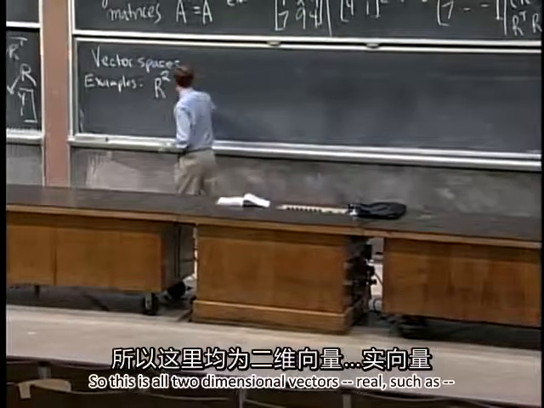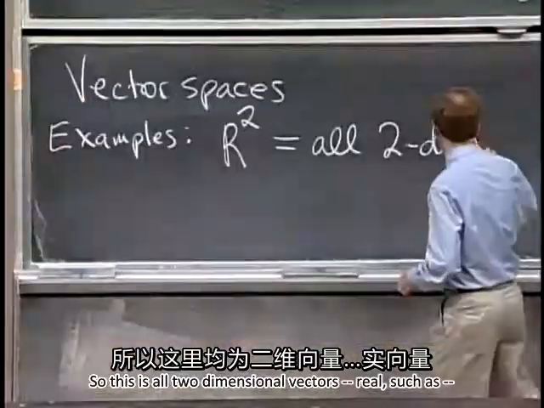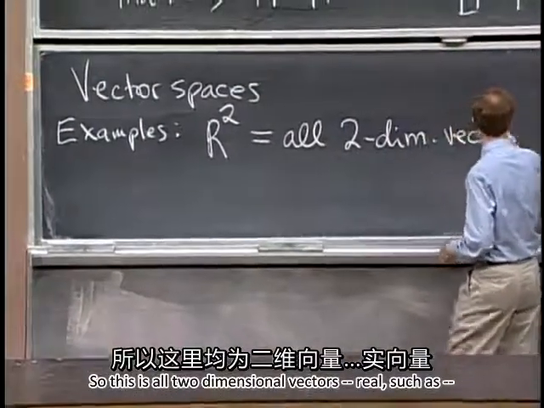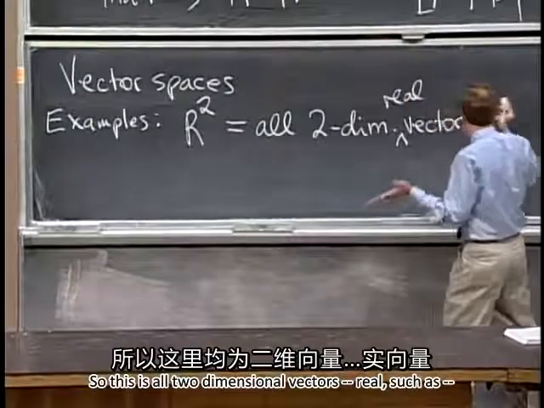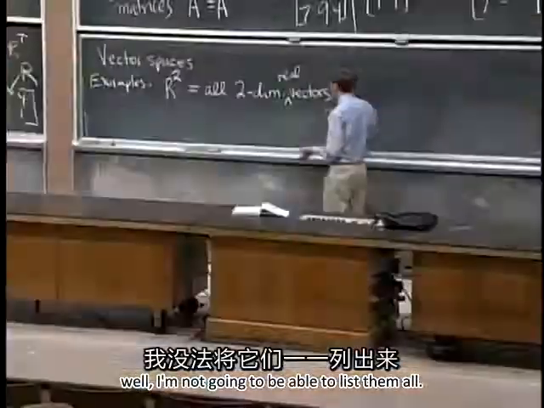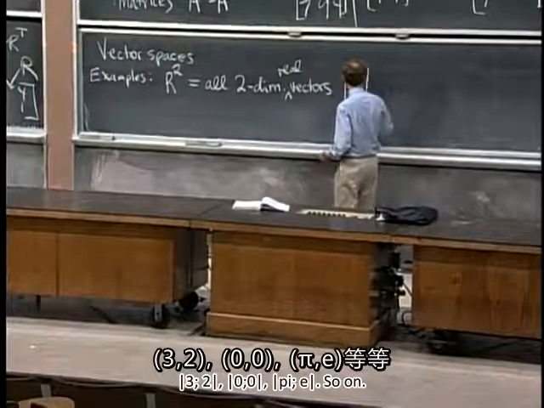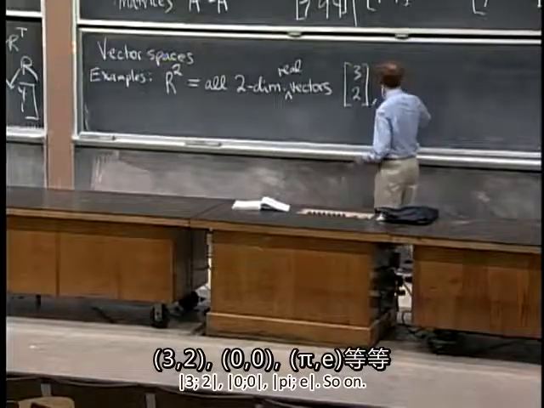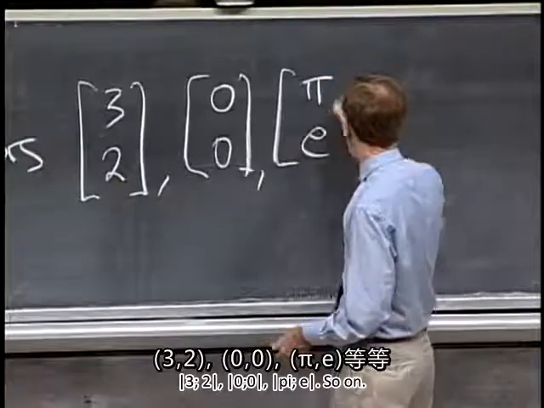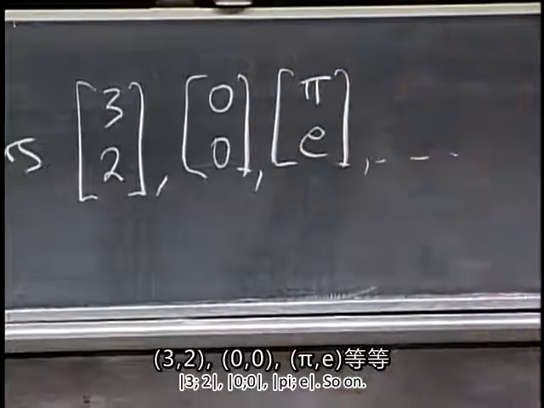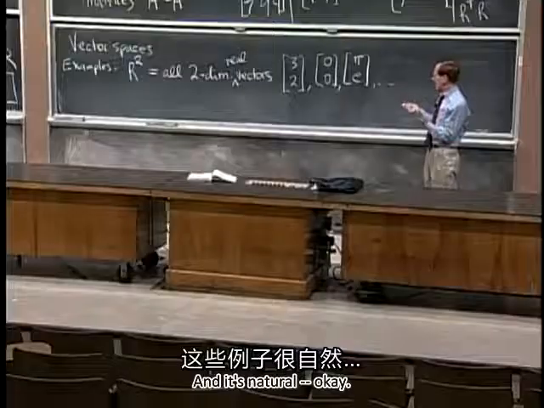So this is all two-dimensional vectors, real, such as, well, I'm not going to be able to list them all, but let me put a few down. (3, 2). (0, 0). (pi, e). So on. And it's natural.